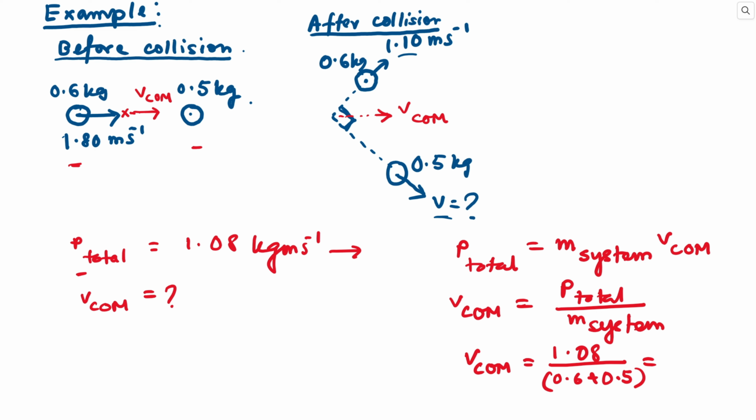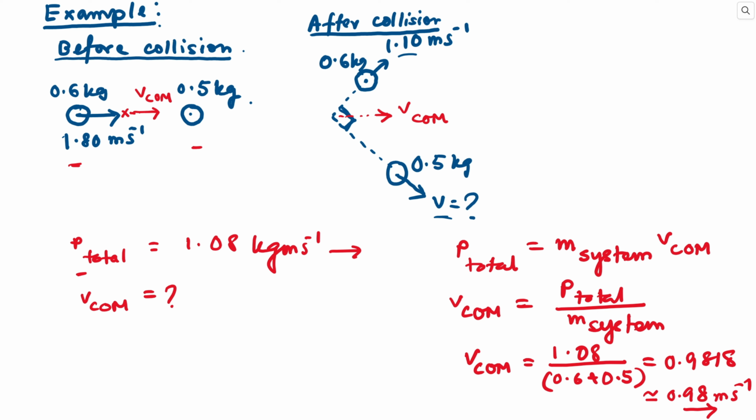If we do the calculation, the velocity of the center of mass turns out to be 0.9818 meters per second. Because among all the numbers that I've used, the least number of significant figures is 2, I'm going to round it to 2 significant figures. So that's going to be 0.98 meters per second, and the direction is to the right.